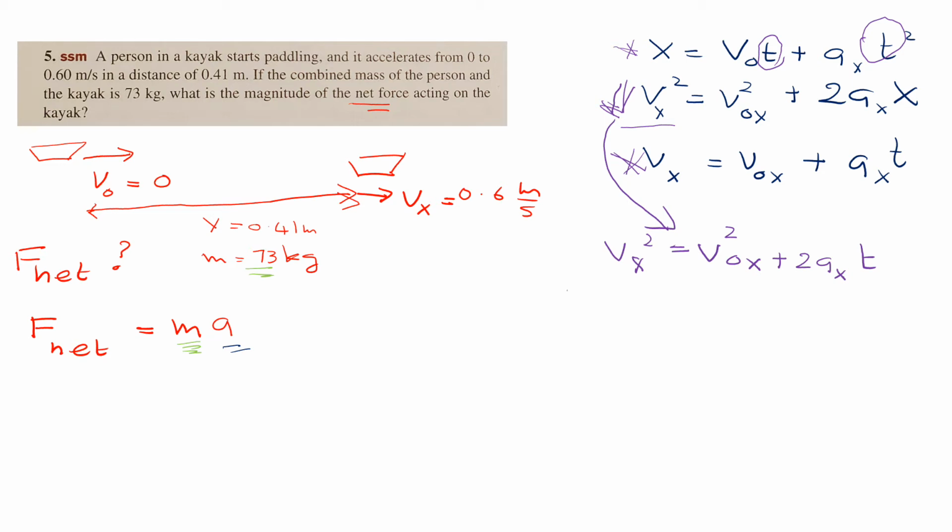Vx equals 0.6 meters per second, V naught x equals 0, plus 2 times the acceleration along x direction times x, which is 0.41.